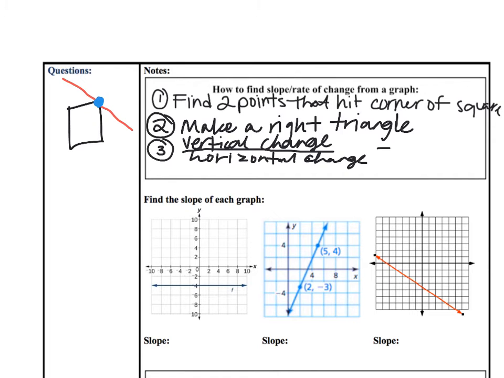Sometimes you'll see me write that as triangle y over triangle x. This just means change in y over change in x. It's the same thing. And then lastly, you should simplify your fraction if possible.